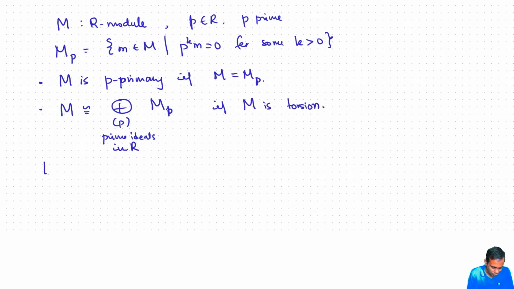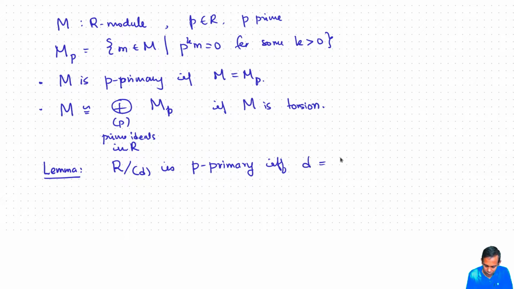A cyclic R module is a module of the form R mod D. So, fixing a prime element P, R mod D is P primary if and only if the ideal generated by D is the ideal generated by P to the r for some r greater than or equal to 0, to allow D to be trivial.